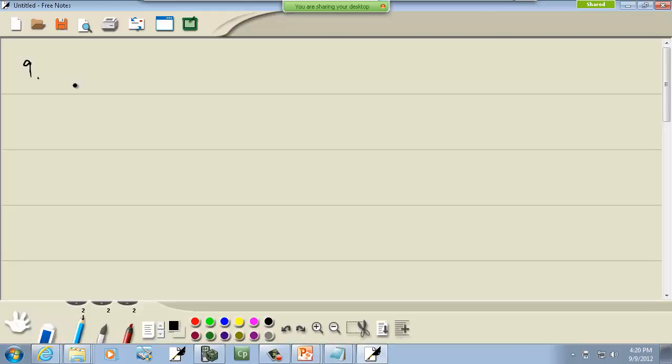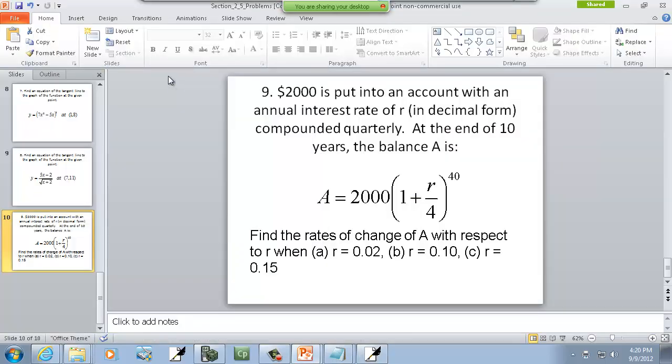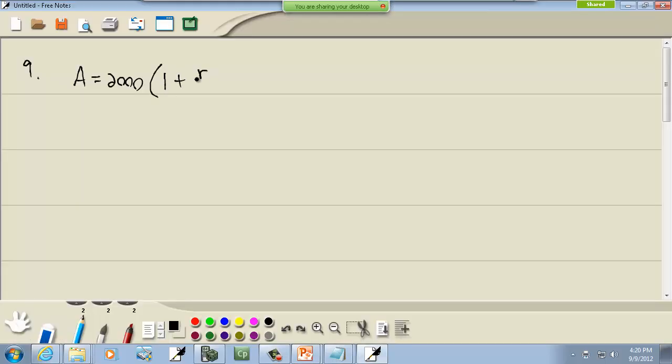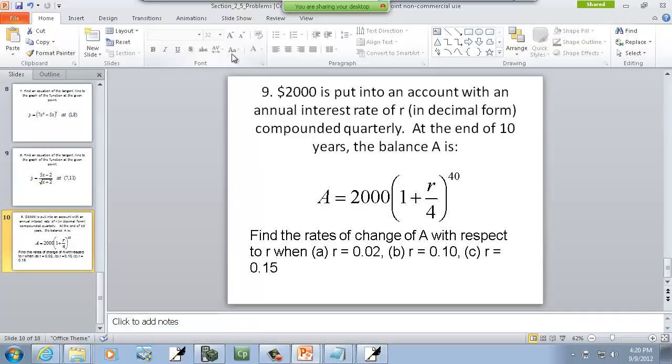Okay, so we got A is equal to 2,000 times (1 plus r over 4) to the 40th power. And it says 2,000 is put into an account with an annual interest rate of r in decimal form, compounded quarterly. At the end of 10 years, the balance A is given by this formula. It says find the rates of change of A with respect to r.